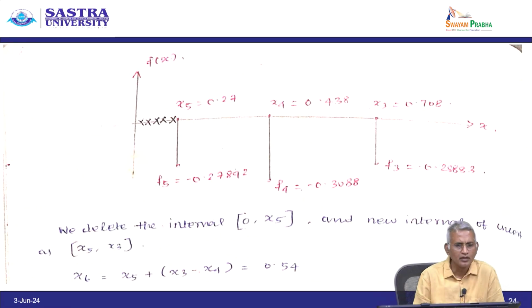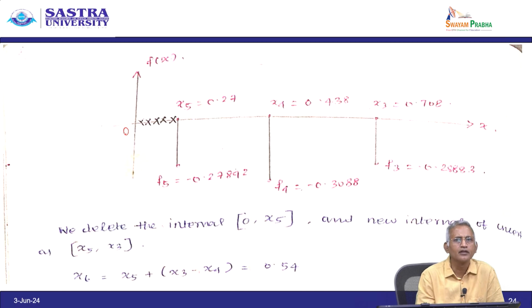Now, we have a graph plotted on the graph of a two-dimensional function, deleting 0 to x5, because comparing f5 and f4, f5 is greater than f4 and f3 is in between f5 and f4.